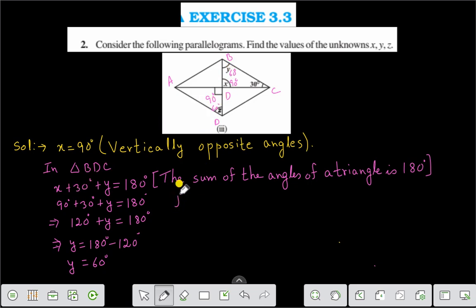Now we take two lines, BC and AD, are parallel lines, and BD is the transversal.